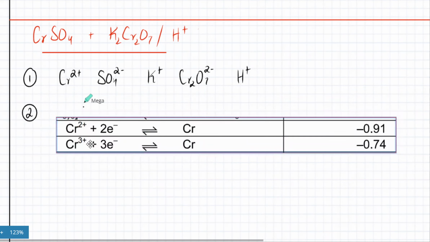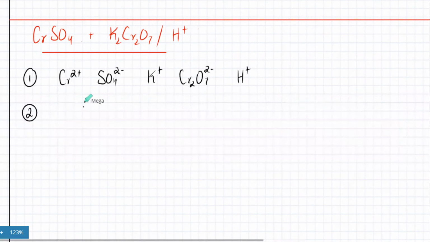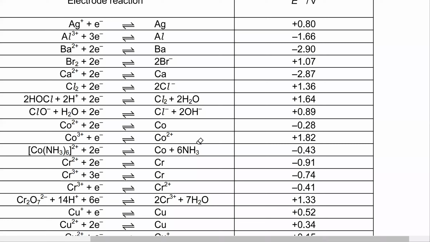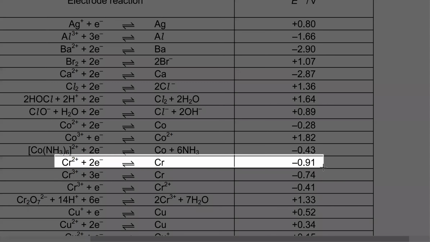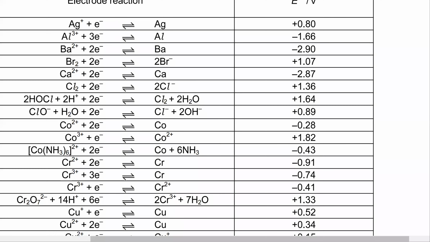Actually, not the bottom one. The bottom one doesn't even have chromium in it. So let me just correct that. Where's chromium again? So it's basically these 2. So first one, this involves chromium 2 plus.